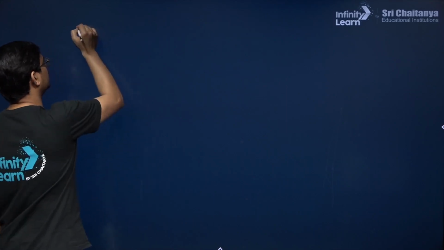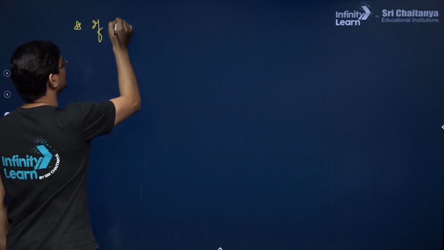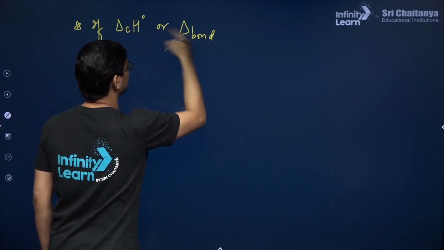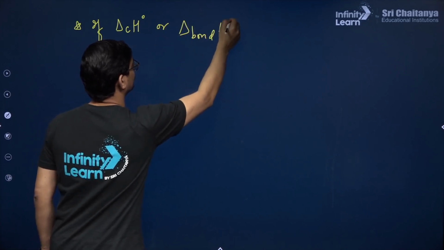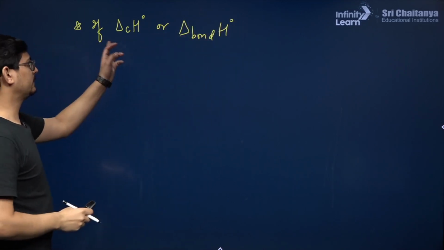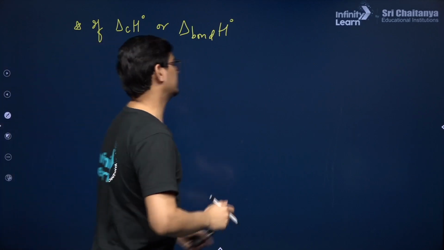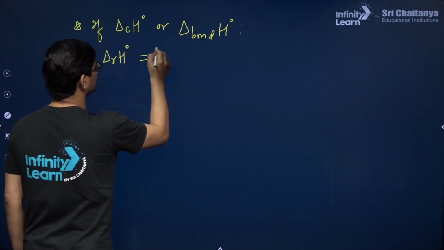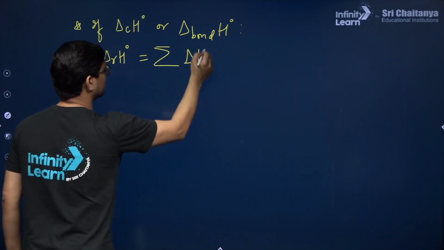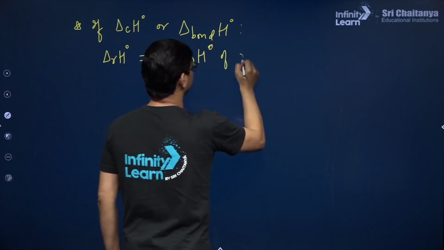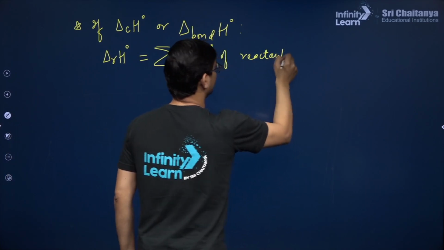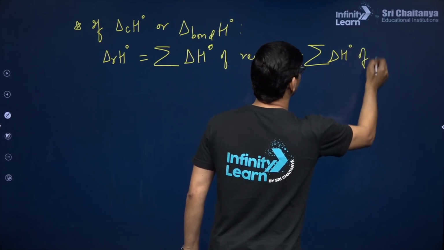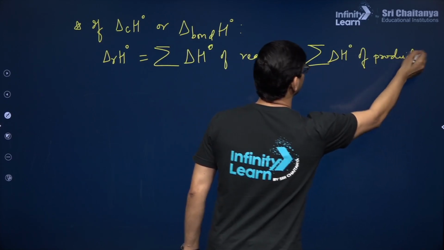So please remember that if combustion enthalpies are given or bond enthalpies are given, please mind or, not and. You cannot have a mixture of these, right? So if combustion enthalpies are given or bond enthalpies are given, then in that case the enthalpy change of a reaction is very simply the combustion or bond enthalpies of reactants minus the enthalpies of products, right?